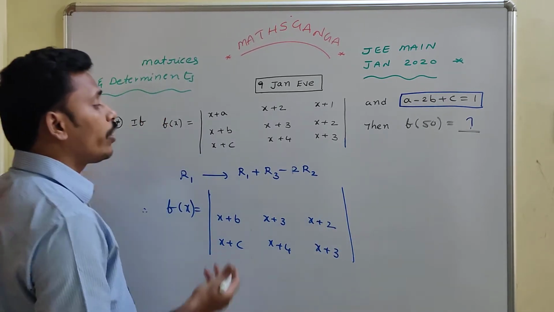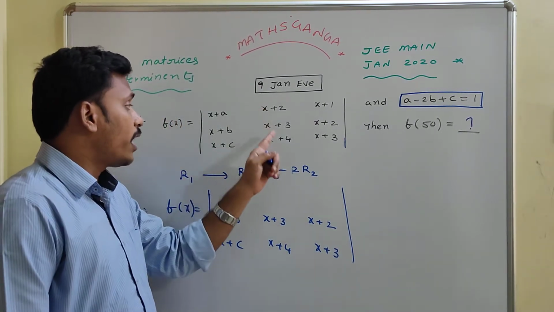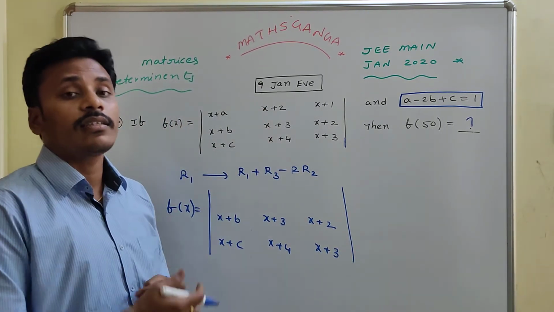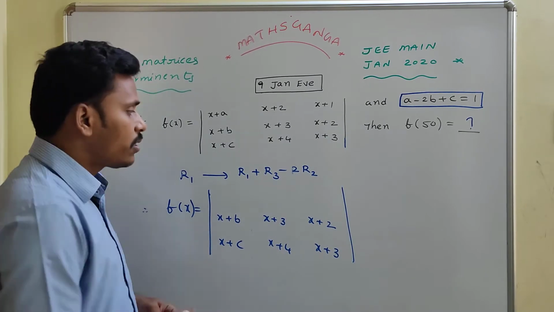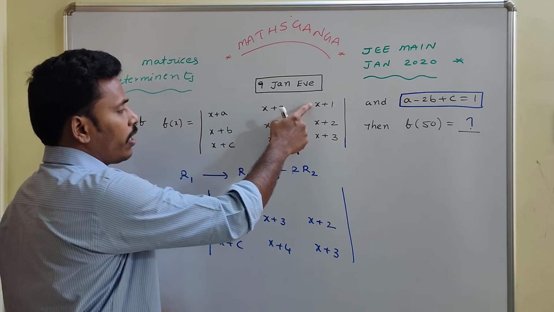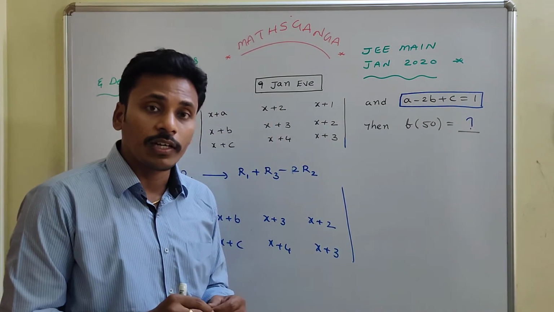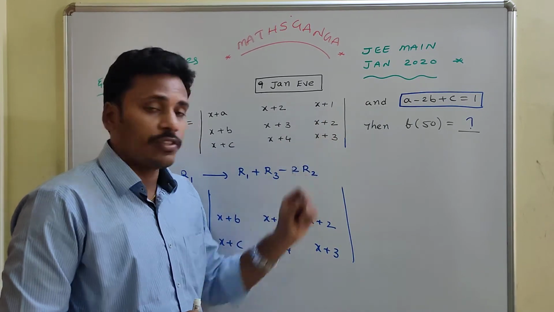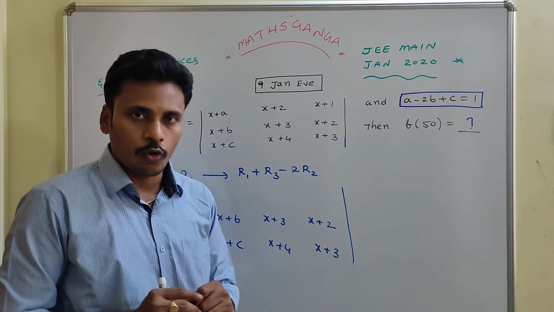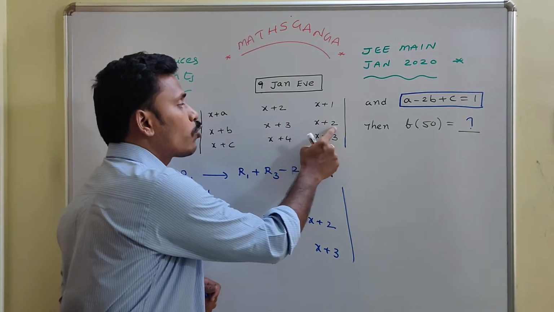Now you need to rewrite the first row. How to rewrite? Add the first and third, subtract 2 times the second. See, you need to just think it. For example, first come from here, x plus 1 and x plus 3. If you add, x plus 1 and x plus 3 is for sure 2x plus 4, minus 2 into R2, 2 times x plus 2.